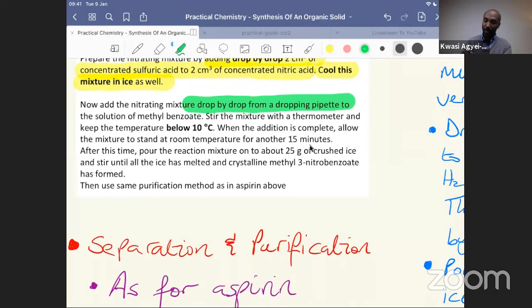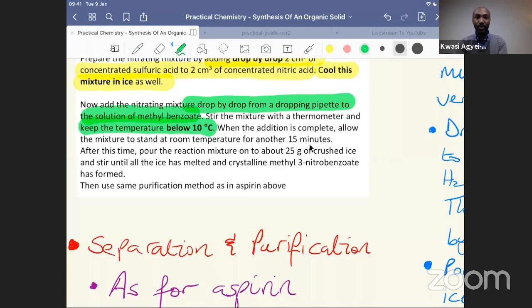Okay, so drop by drop from a dropping pipette to your solution of methyl benzoate, and then you're going to stir the mixture with a thermometer and keep the temperature below 10 degrees Celsius. When the addition is complete, allow the mixture to stand at room temperature for 15 minutes.